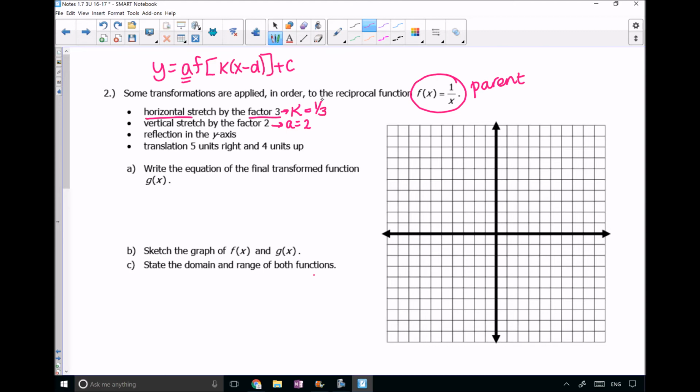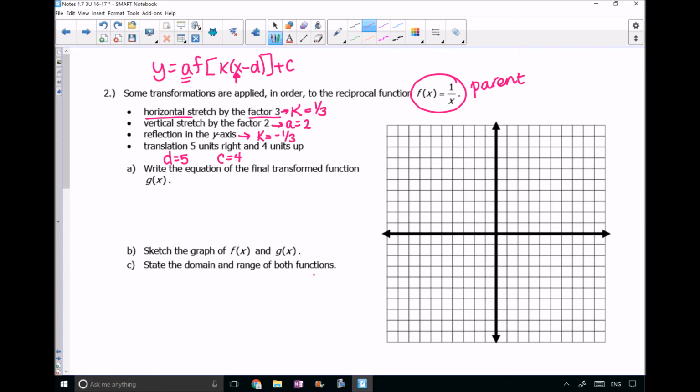So if k was originally 1/3, now k is going to be -1/3 because the reflection in the y-axis negates our x values. x is being multiplied by k, so k becomes -1/3. And then if it's translated 5 units to the right, that means that d equals 5 because this is our translation to the right, our horizontal shift. And then 4 units up, that tells us that c equals 4.